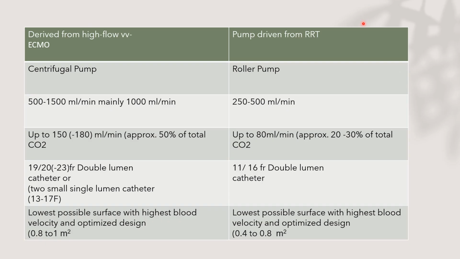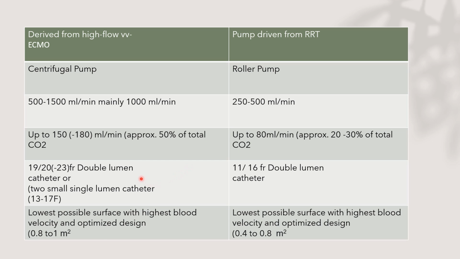One is derived from high-flow VV ECMO. The pump is a centrifugal pump, and the flow can range from 500 to 1,500 ml per minute, about 1,000 ml per minute, and the CO2 removed is up to 150 to 180 ml per minute, about 50% of total CO2.